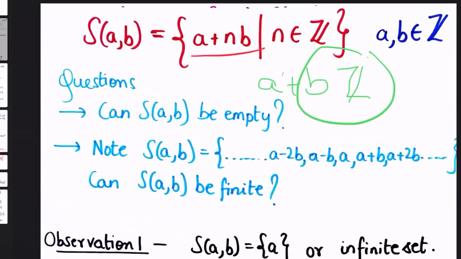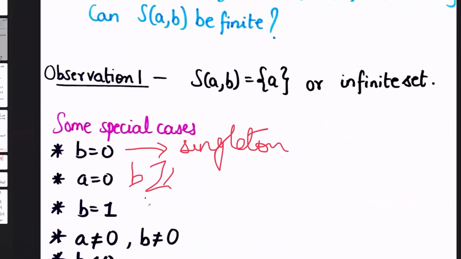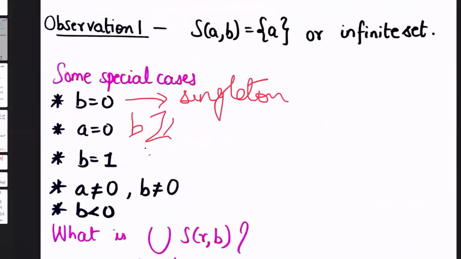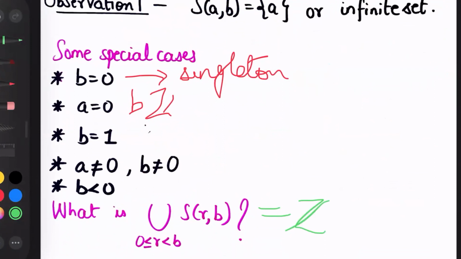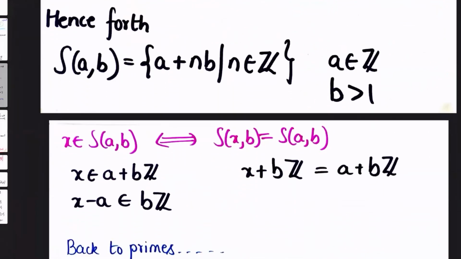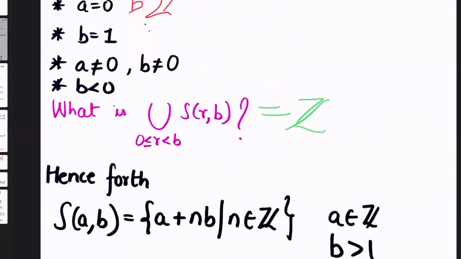As we have seen, these left cosets actually partition the whole of the integers. So if you consider this union, then this union becomes the whole of integers.